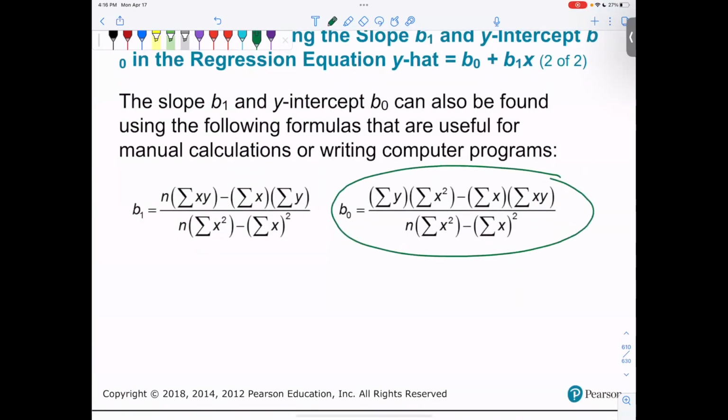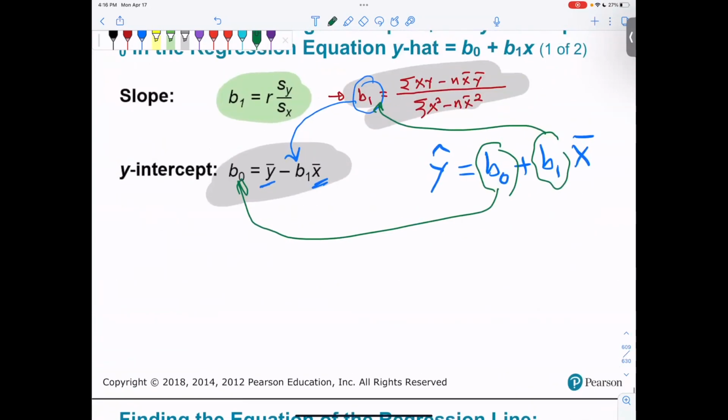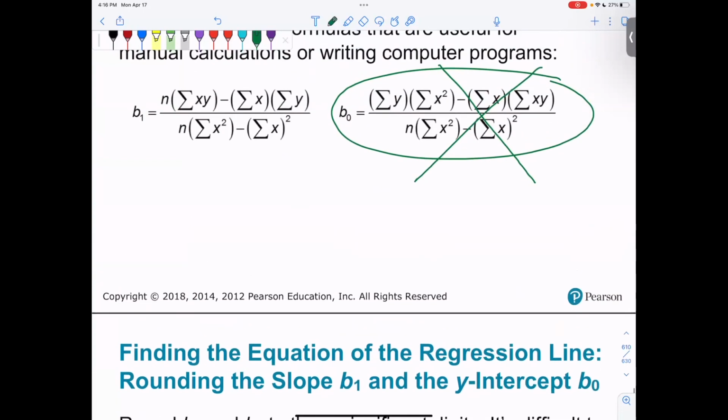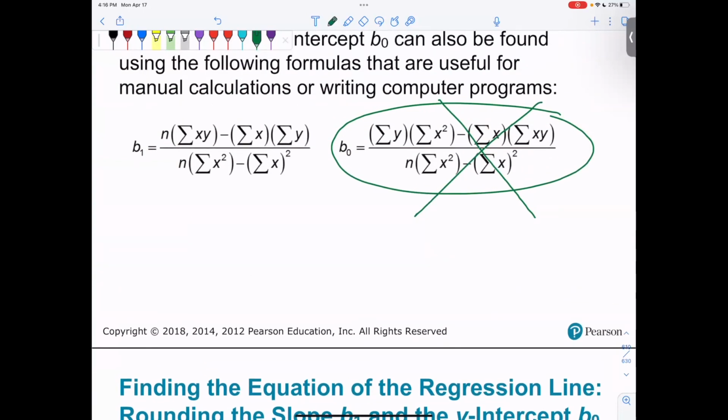This one, you can use this one, but this is complicated. So just only use this one to find the y-intercept. And this formula again is the same, the formula I did. So when we divide this by n, and here n, and then here multiply by n, this one will cancel this one.